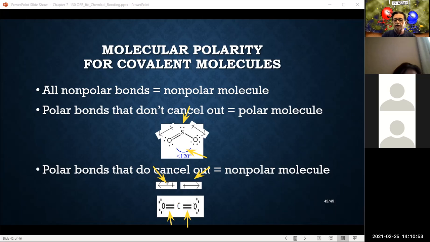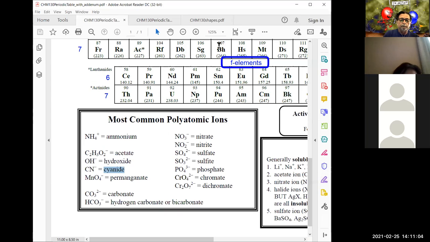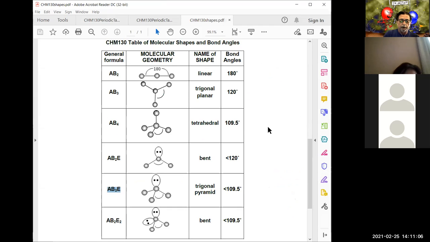And there's another example where bonds cancel out, and that's in the tetrahedral configuration. Right here. If we have four polar bonds on the tetrahedral, and let's say it was carbon with 4 chlorides, carbon tetrachloride.